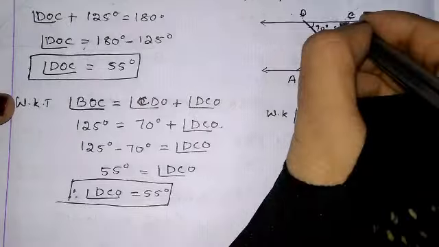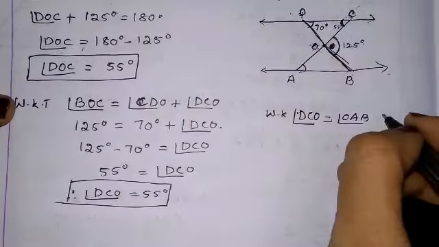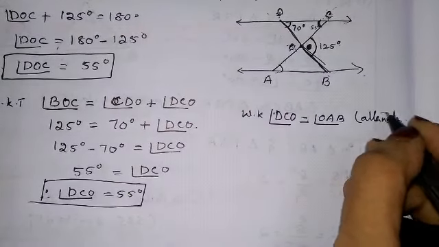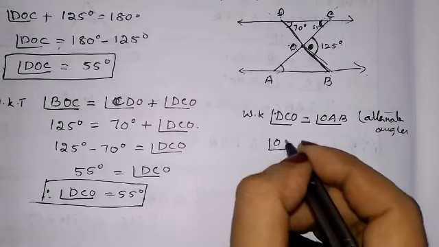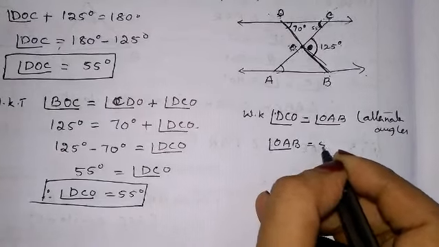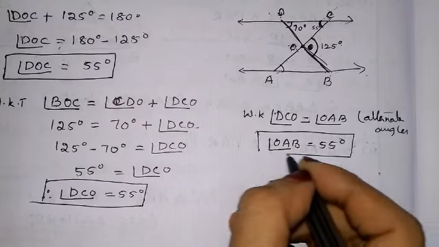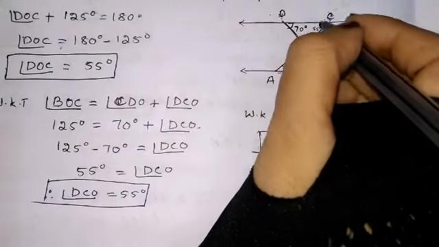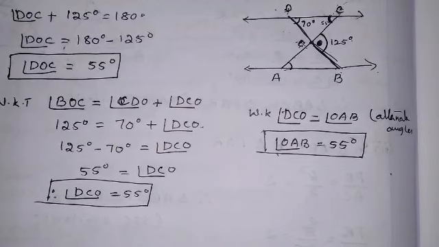Why? Because you can see a Z shape, alternate angles. These are alternate angles. Therefore OAB is also equal to 55 degree. We got three answers. If this is 55, this is also 55.